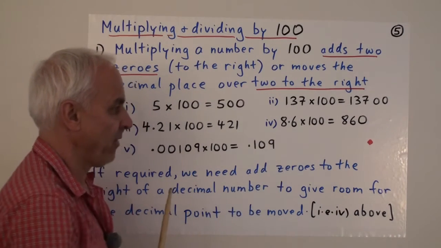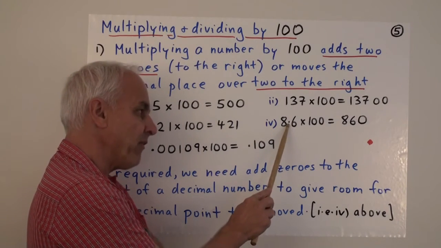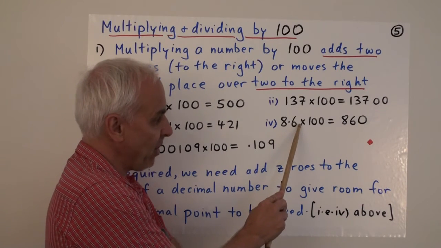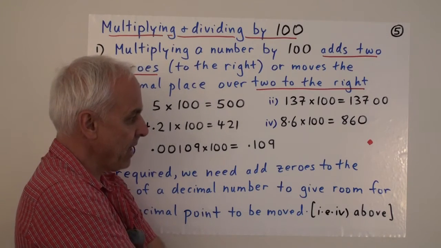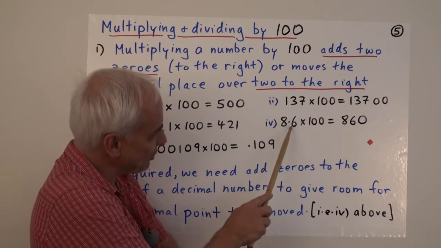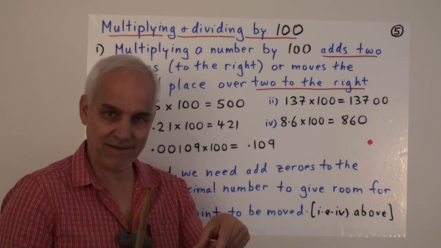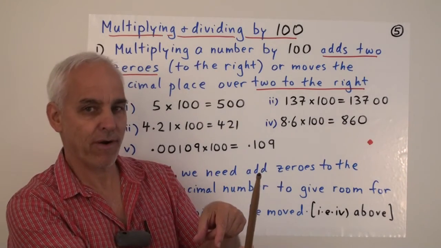8.6 times 100. Okay, have a look here now. This decimal point, if we multiply by 10, we get 86. And if we multiply that by 10 again, we're going to have 860. Again, it's a case of having to think about an extra 0 in place, so that we have room to move our decimal point over.